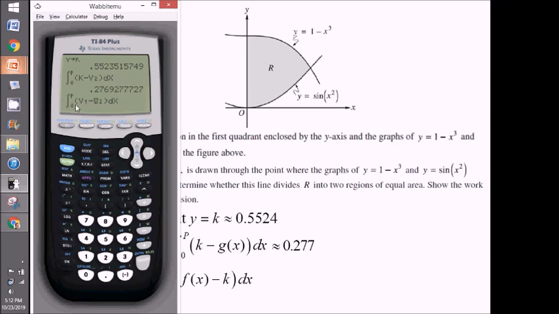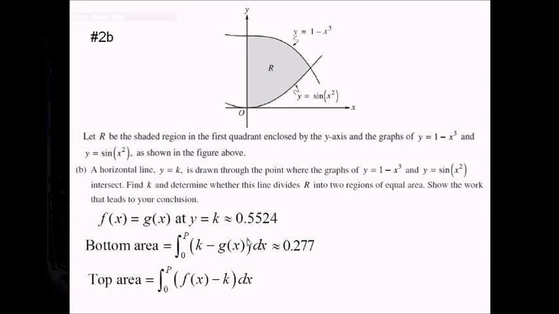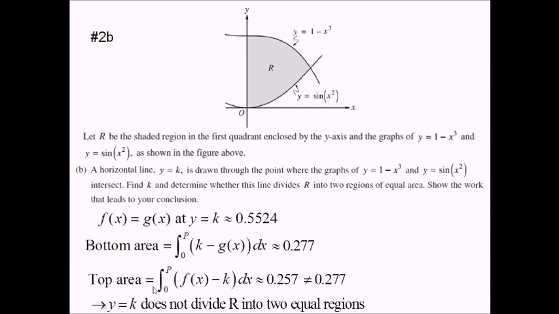There's k. Okay. Enter. This comes out to about 0.257, which is honestly pretty close, but it's not close enough. It's not 0.277, which means that y equals k does not, in fact, divide R into two equal areas.